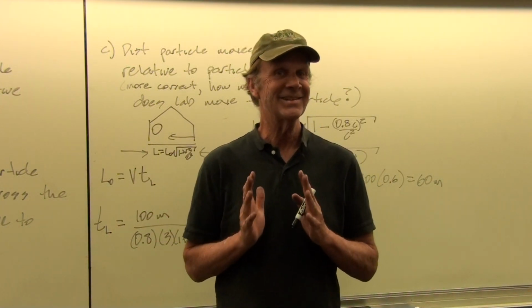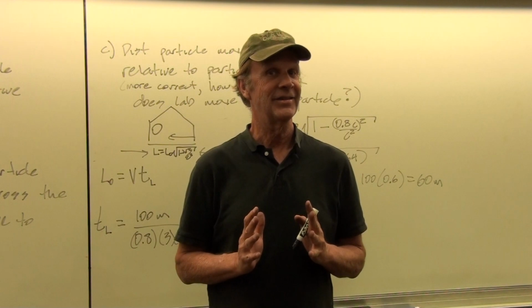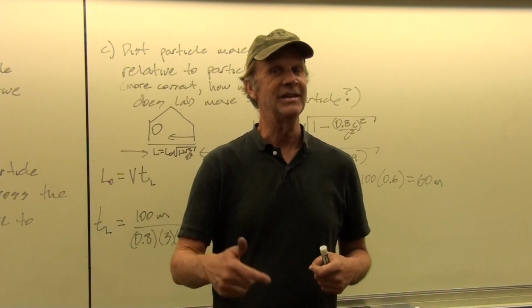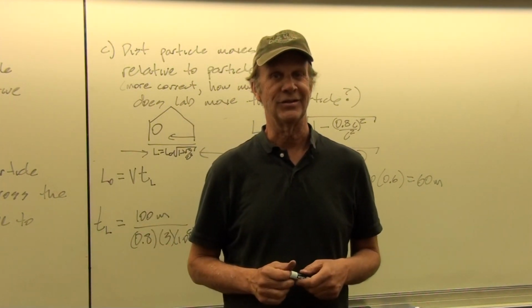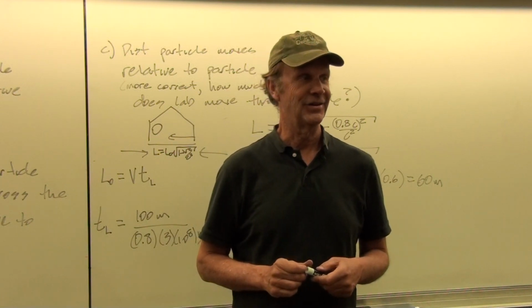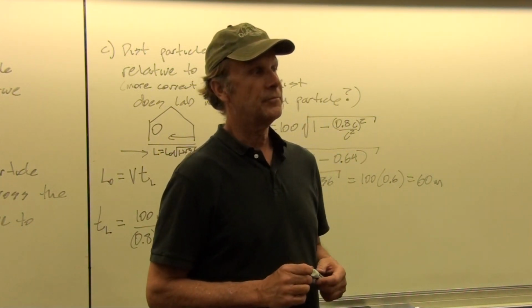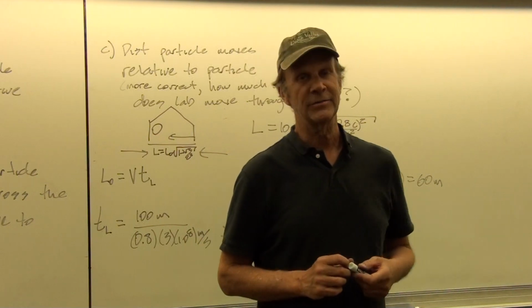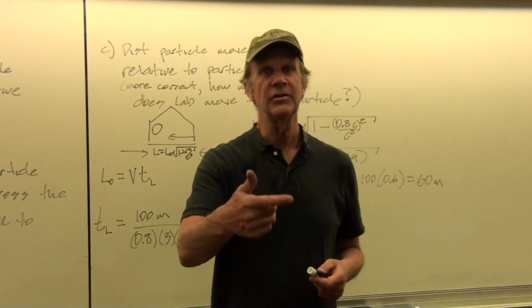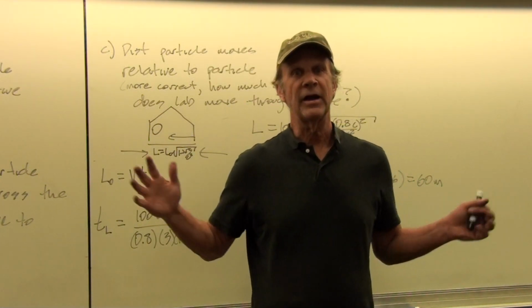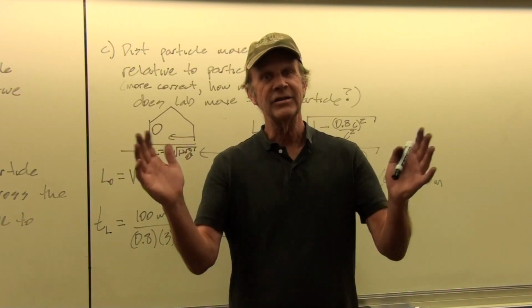So we'd each see each other as being shorter than the other one. And we'd also see each other as moving more slowly. Okay? And so it's not the kind of thing where you have an absolute reality. You go, well, if I'm going slower than you, how can you be going slower than me? Or if I'm shorter than you, then how can you be shorter than me?